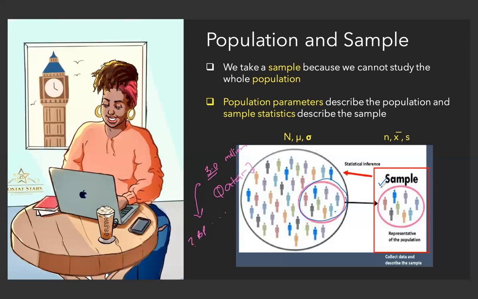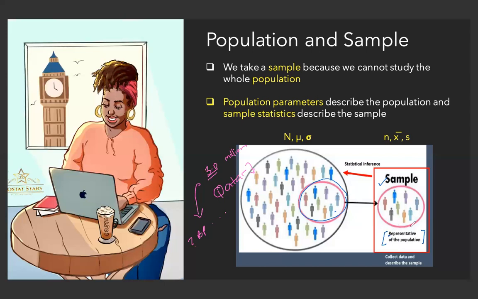Now that we're talking about the sample, we need to understand one important thing about it, and that is, what type of sample do you have? We're going to talk about this a bit more in the next slide, but I want you to know what a representative sample is. Whenever you take a sample from a population, you need to make sure that your sample is representative of the population.